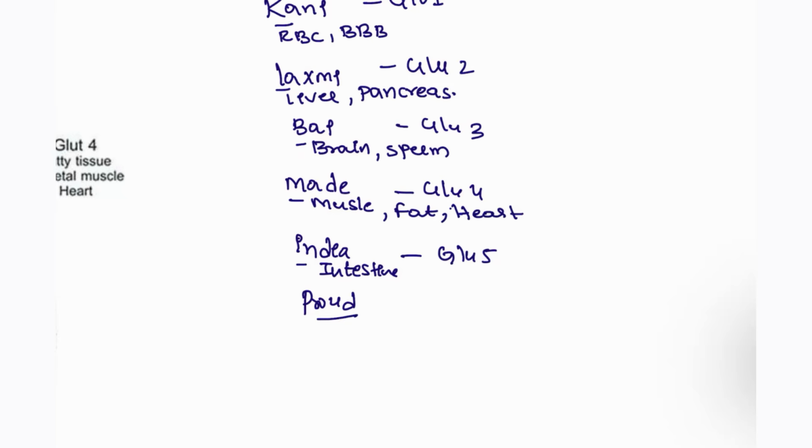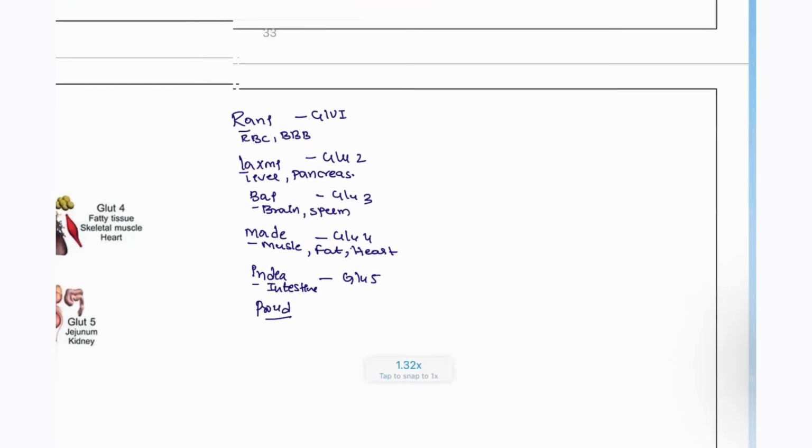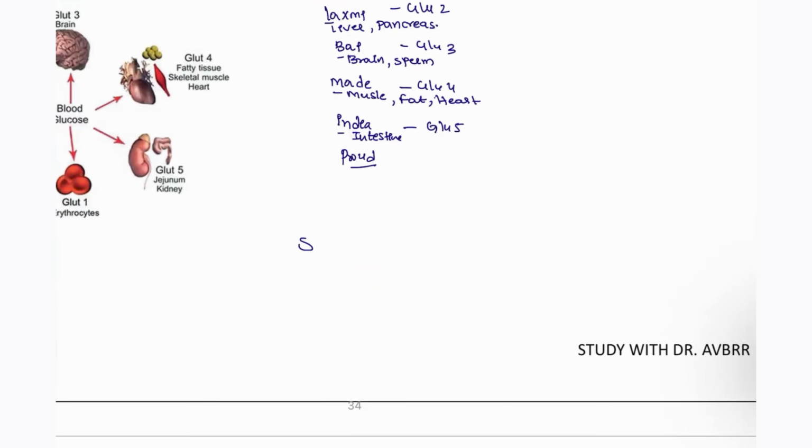GLUT5 is only for the intestine. Next, SGLT is also present here: SGLT1 and SGLT2. SGLT1 is present in the intestine, and SGLT2 is present in the kidney.